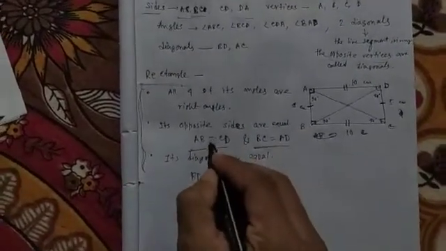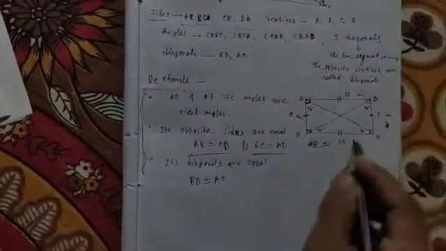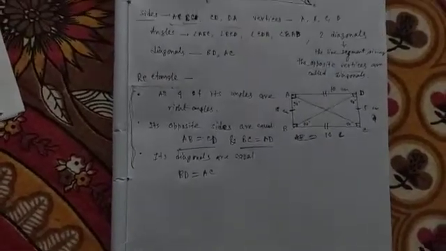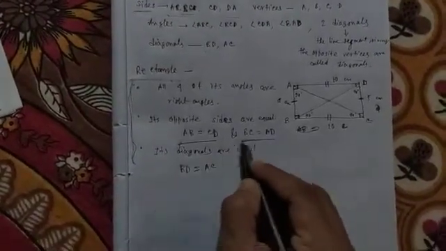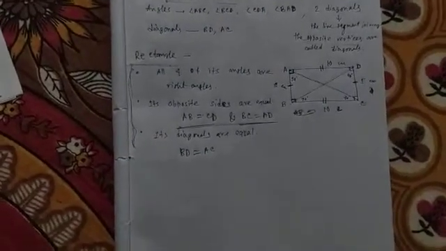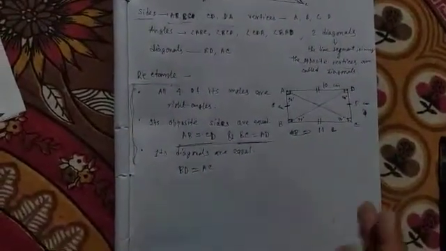If AB equals CD, 5, 5, but BC does not equal AD, then that is not a rectangle. A rectangle must follow these two rules together. And the 2 diagonals are also equal. BD is equals to AC.